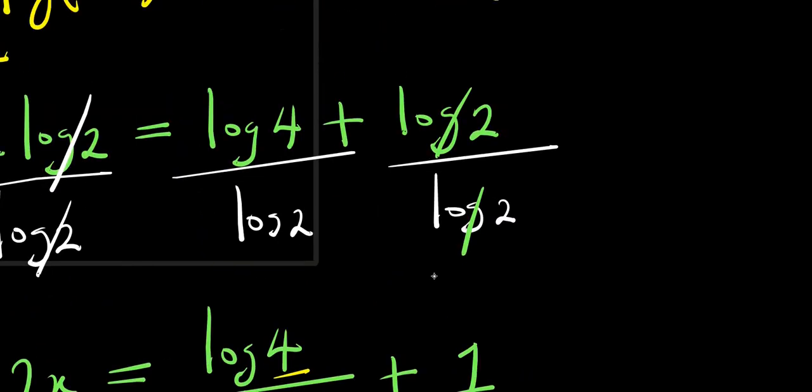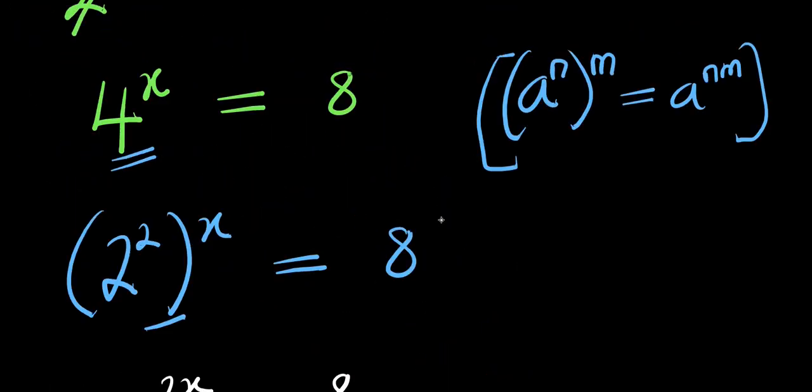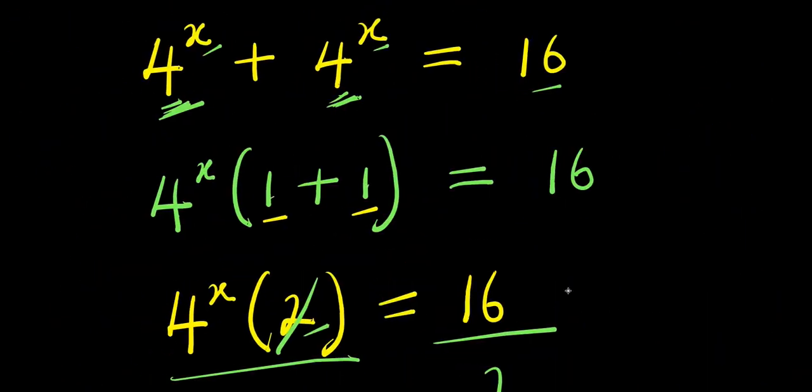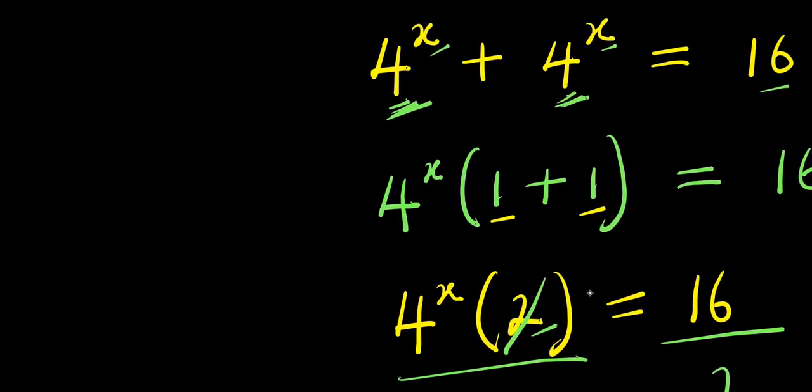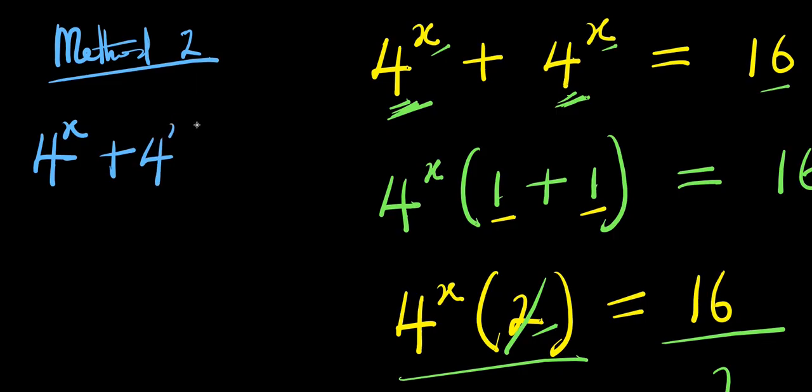Now, this is how you can actually solve this, making use of log. But you can also solve this equation without log. This is how you are going to do it without log, method 2. Now, if you don't want to use log, you simply have your 4 power x plus 4 power x equals 16.